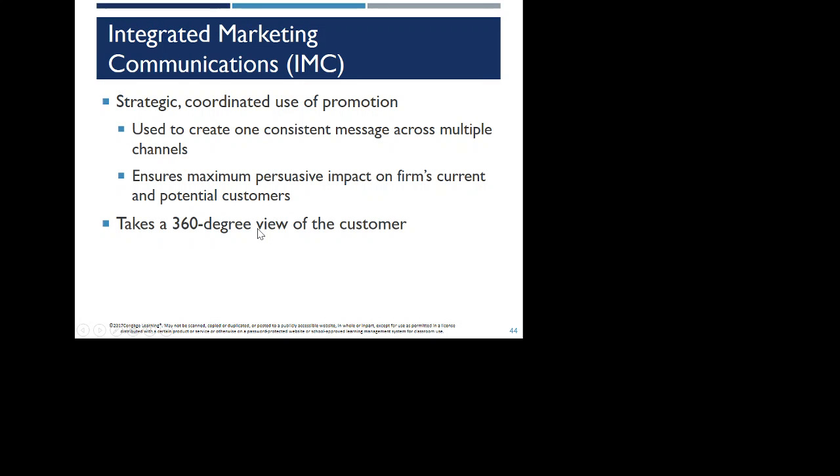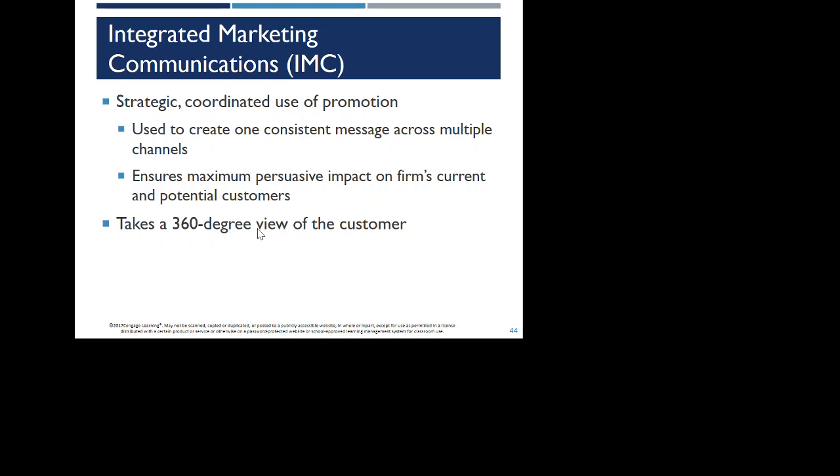All right, flipping to the last of the 4 Ps. This is promotion. We can also call it integrated marketing communications. Any way you communicate with consumers, with the public, with interested parties is considered part of the promotion P, or integrated marketing communication.